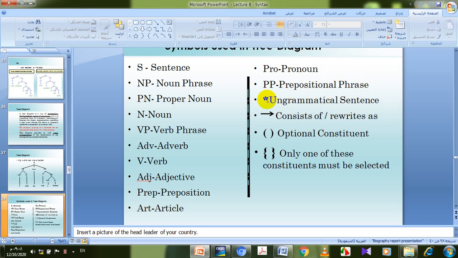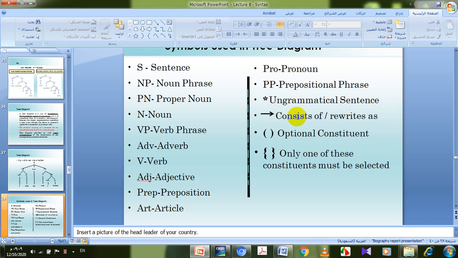Ungrammatical sentence: asterisk. This symbol is called an asterisk. If we have an asterisk like this, it means this or that sentence is ungrammatical. So if you see two words, three words with this symbol, it means the sentence is ungrammatical.